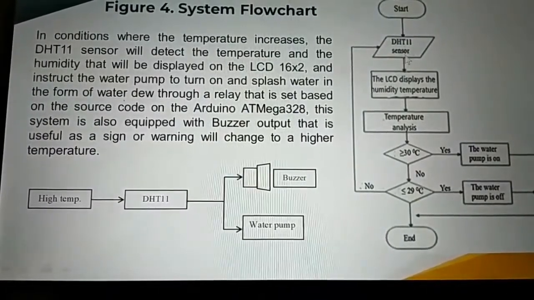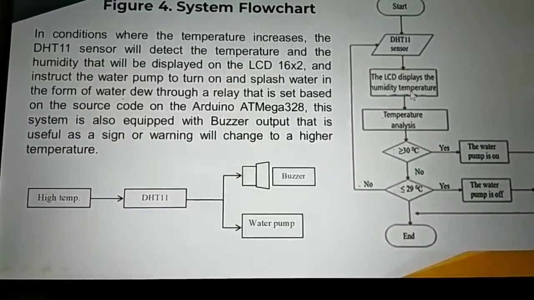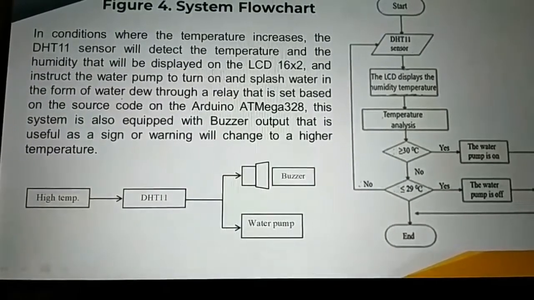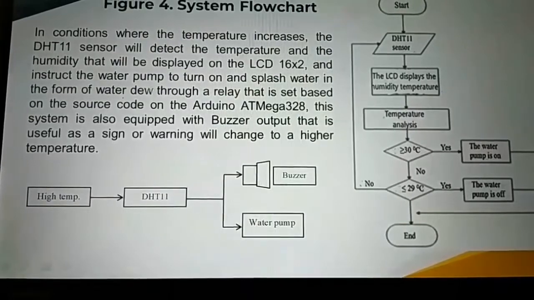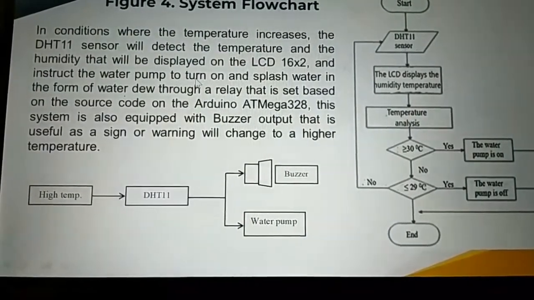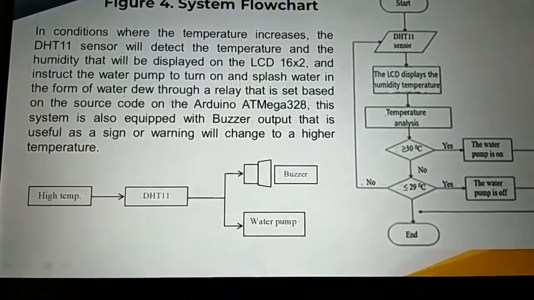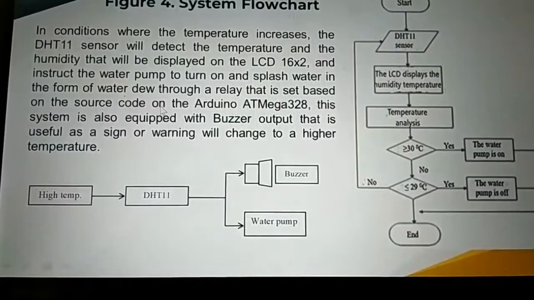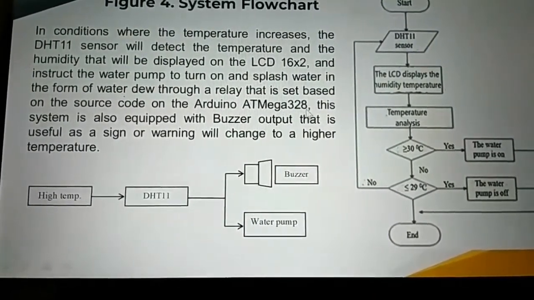The DHT11 sensor detects the temperature and humidity, the LCD displays them, and then instructs the water pump to turn on and splash water through a relay, set based on the source code in the Arduino ATmega 32H.